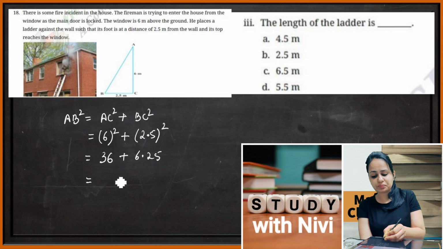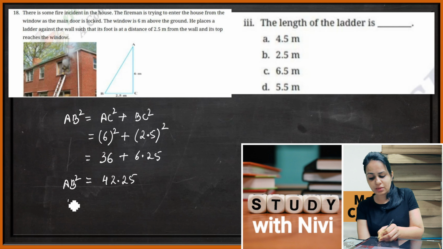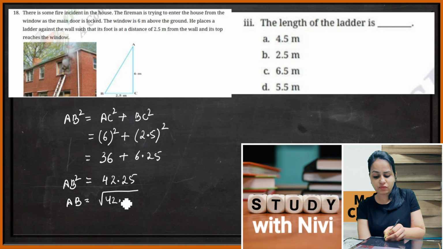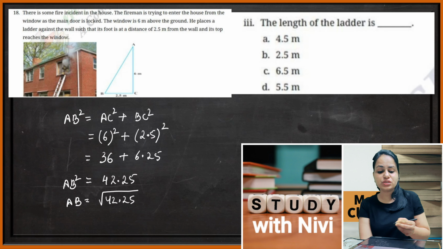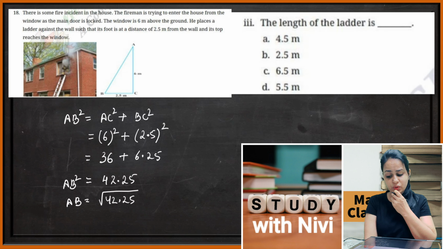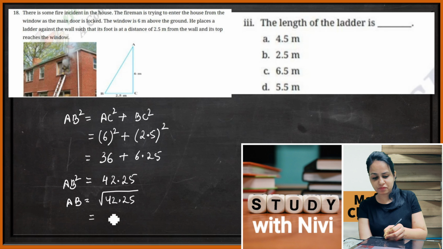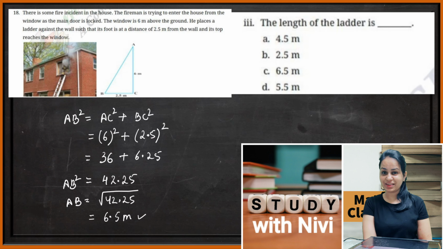Which means 36 plus 6.25 will give you 42.25 is equals to AB square, which means AB is equals to square root of 42.25. And what is the square root of 42.25? It's 6.5 meter. Okay, done.